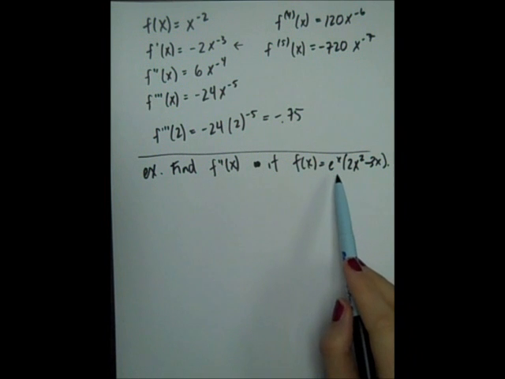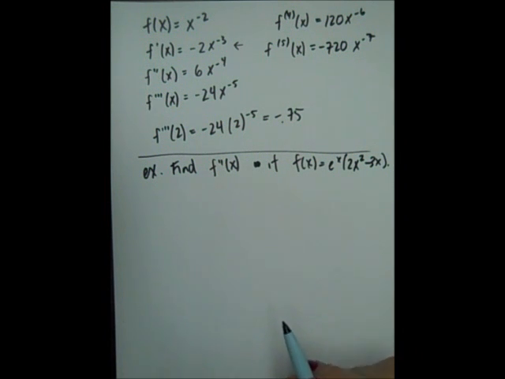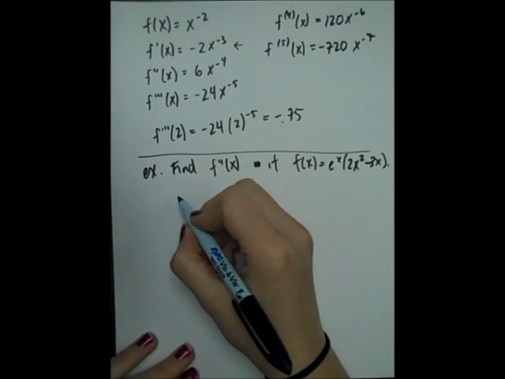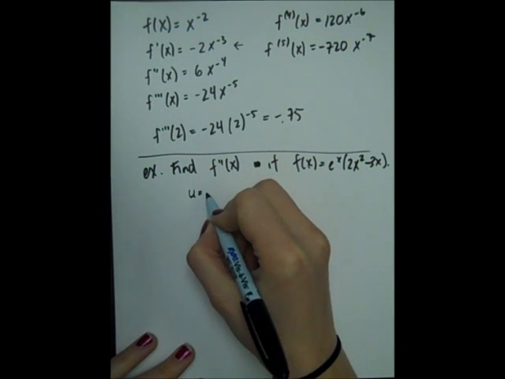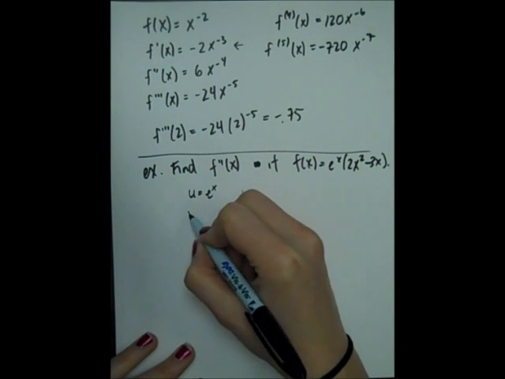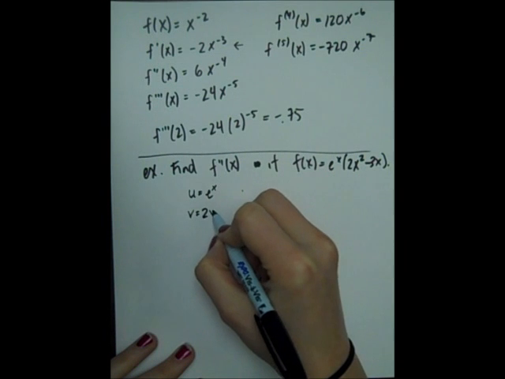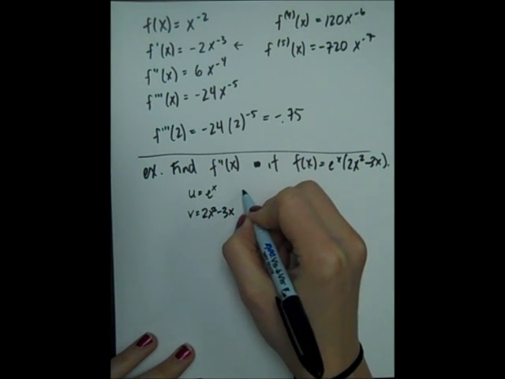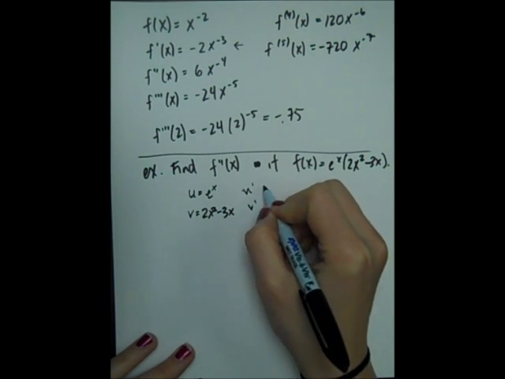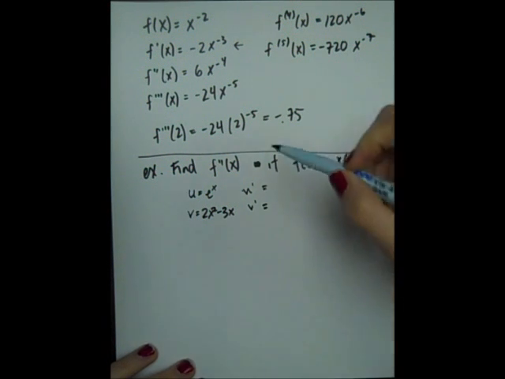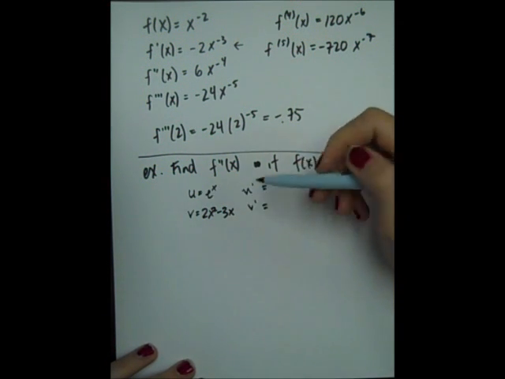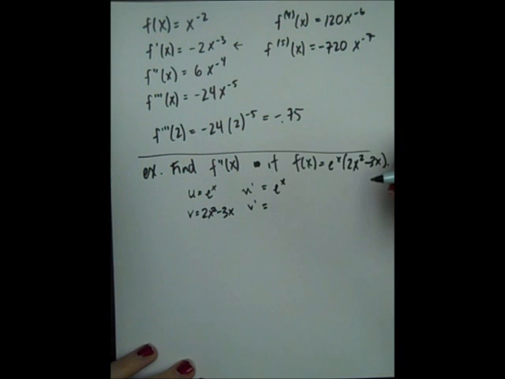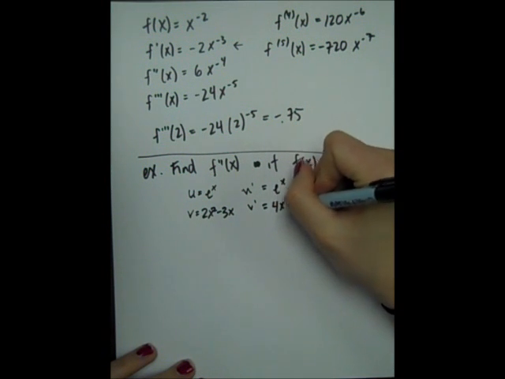So f of x is e to the x times 2x squared minus 3x. To find f prime, I'm going to use the product rule. So u was e to the x, v was 2x squared minus 3x. Now let's find u prime and v prime. So here u prime is going to be e to the x, v prime is 4x minus 3.